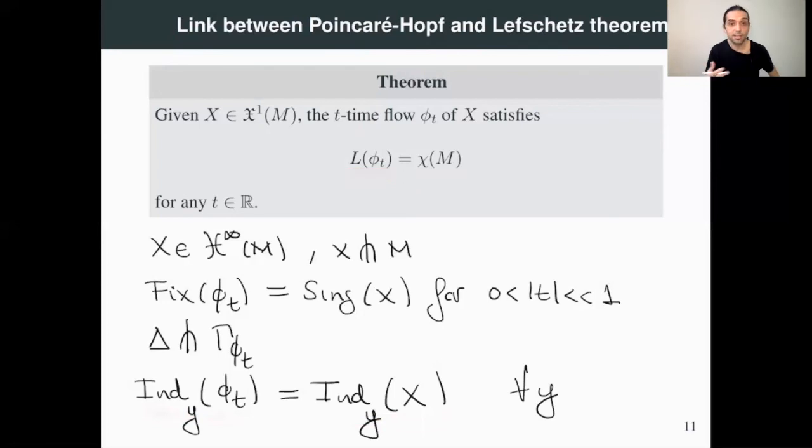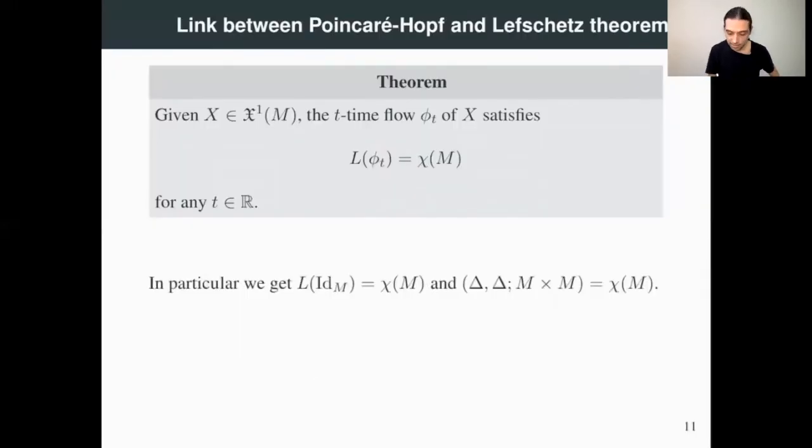But since the Lefschetz number is a homotopy invariant, that implies that the Lefschetz number of the identity is actually the Euler characteristic. Okay? And in particular, the self-intersection of the diagonal in M times itself, which is the Lefschetz number of the identity, is going to be the Euler characteristic. And this is the way in which these two theories fit together.